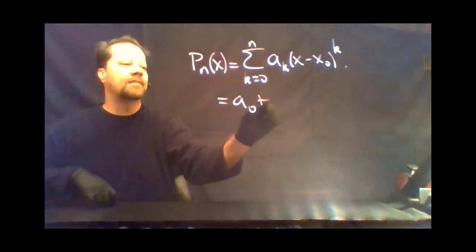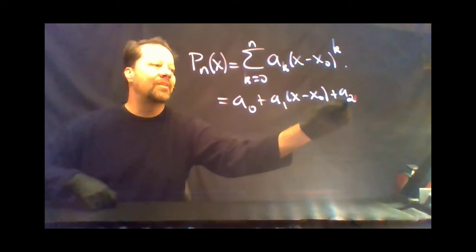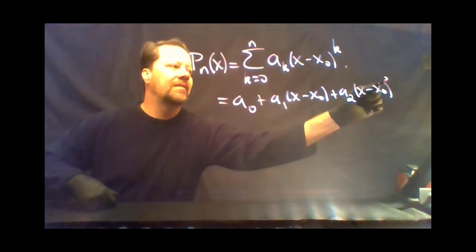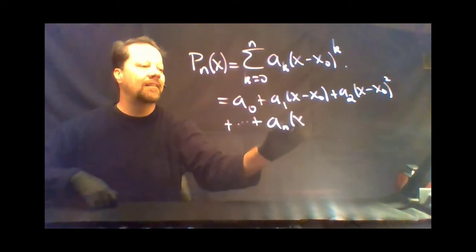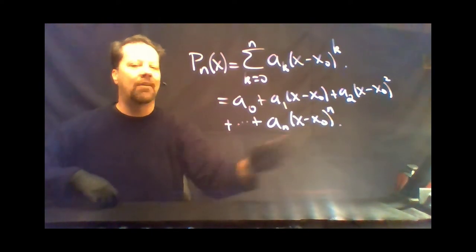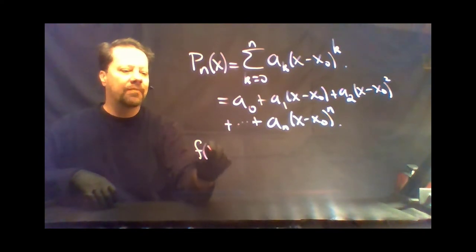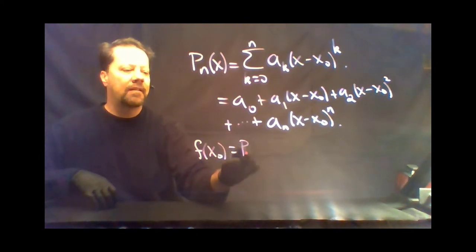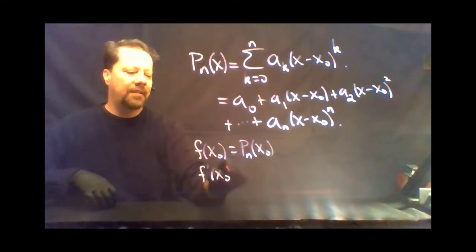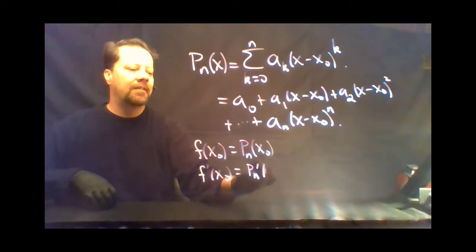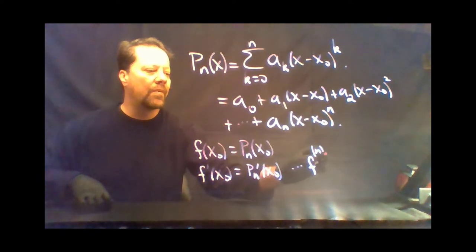This would be a0 plus a1 times x minus x naught plus a2 times x minus x naught squared plus ... plus a sub n times x minus x naught to the power n. Suppose that we require that this polynomial equal a function at x naught, equal the slope of the function f at x naught, all the way down to the nth order derivative.